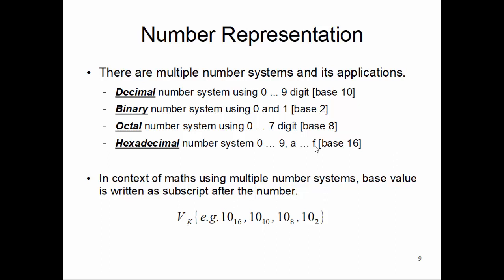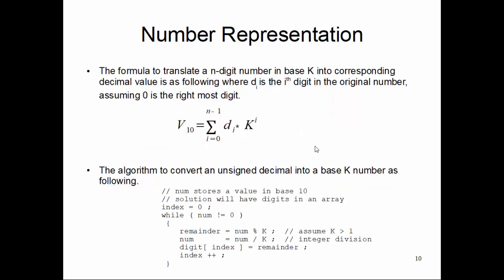At position i, you multiply it by the base of that number system to the power i, and you sum them all from 0 to n minus 1. With summing them up, you get back your value represented as a decimal number.